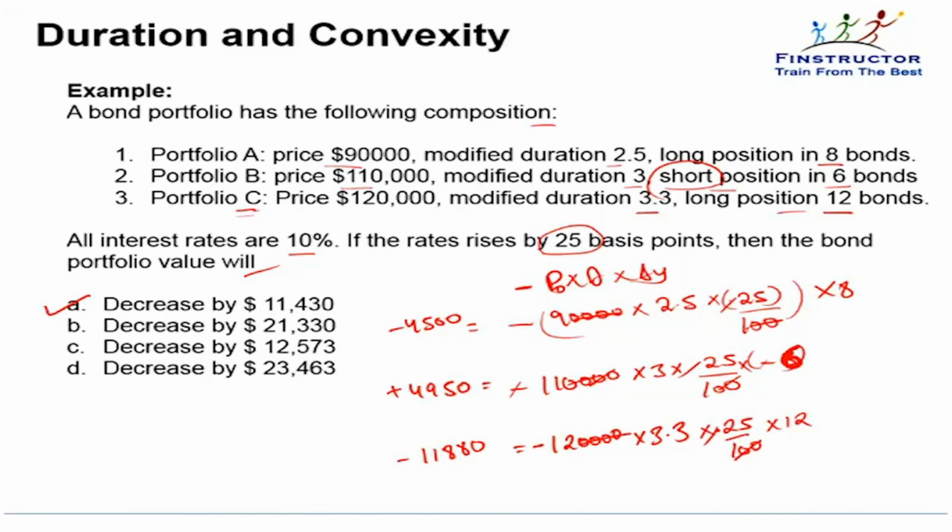Calculate the impact on each bond, sum them all up to calculate the price on the total portfolio. For each bond, the fall will be given as P0 into duration into delta Y.